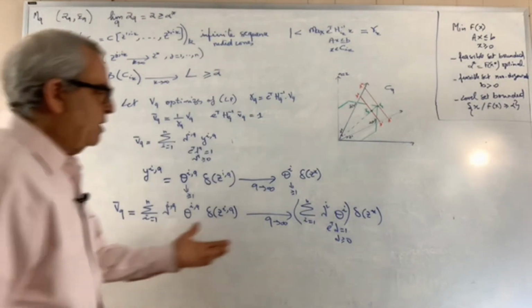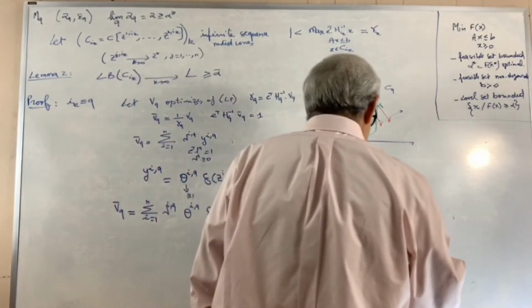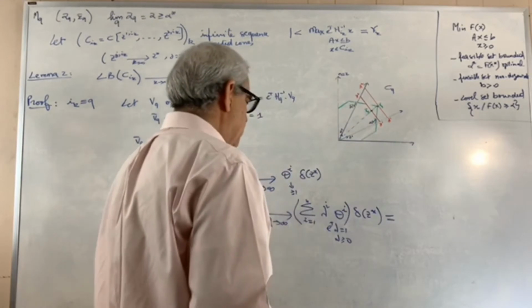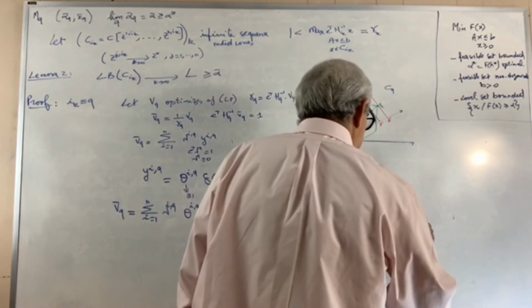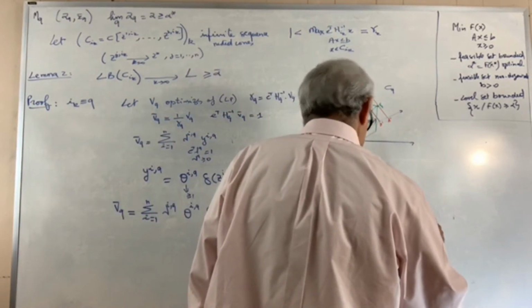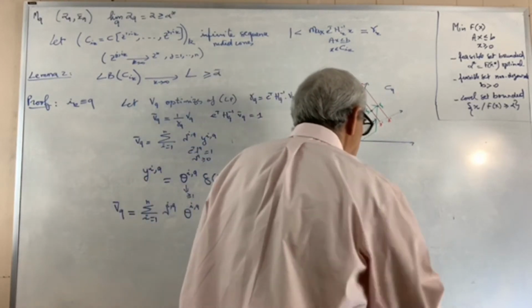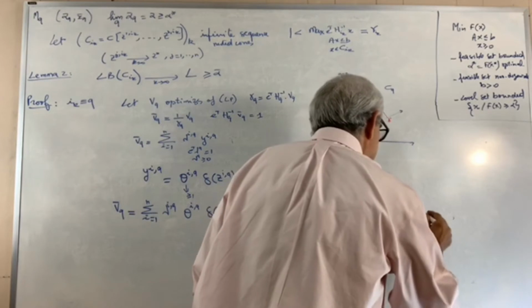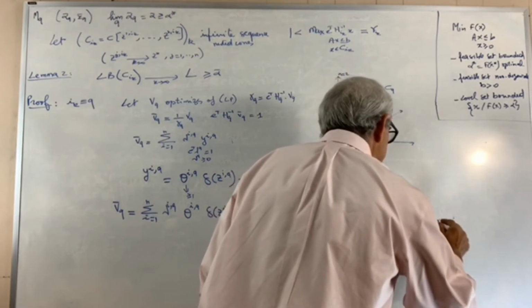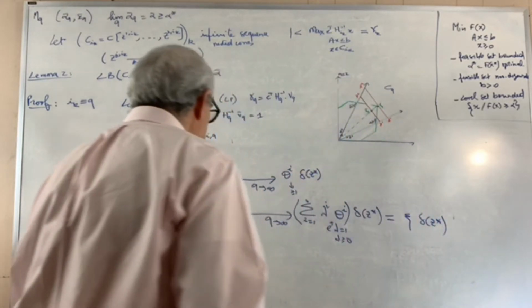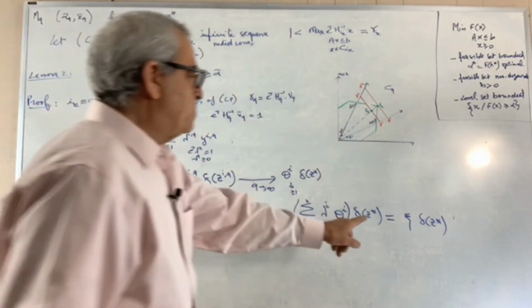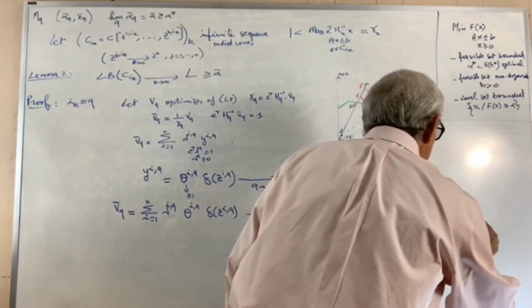So this is some number, let's say some number theta times, not theta, I already used. So let's say psi times delta of z star. And of course here psi is greater or equal to 1.